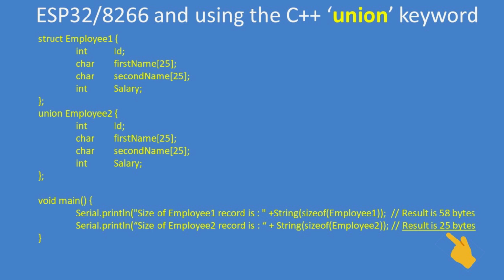So here's 2 examples: a structure of employees and a union of employees, some large fields for first name and second name. Note that using union consumes 25 bytes, whereas using the structure approach uses 58 bytes. You can see it's much more memory efficient.